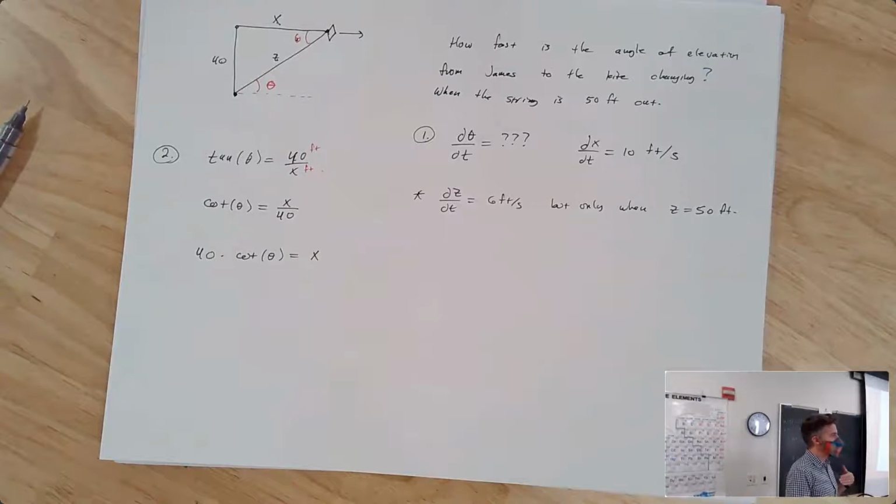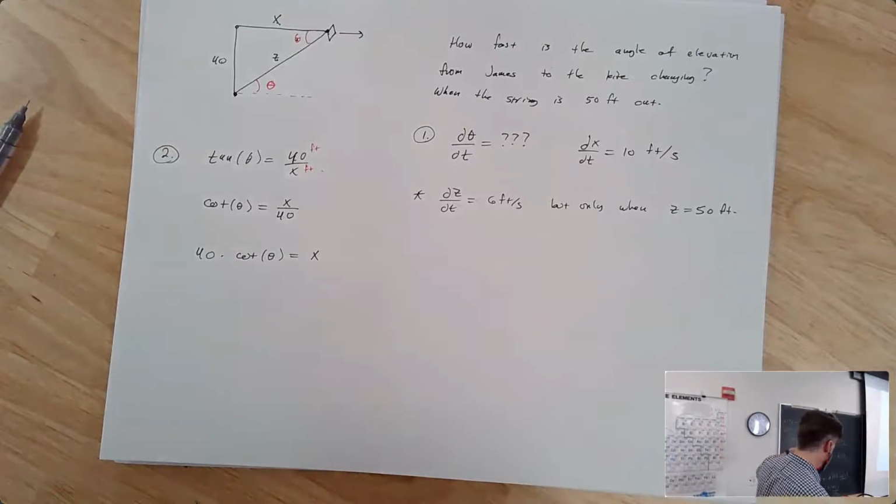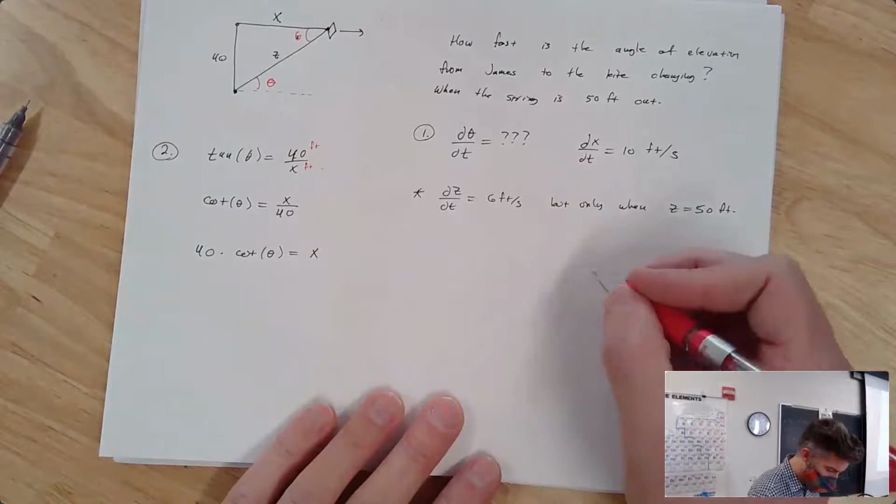I always feel like I interchange the words units and dimension inappropriately sometimes. There is a unit that doesn't have any dimension to it. You all know about it, you might not know what it is. The unit is radians.